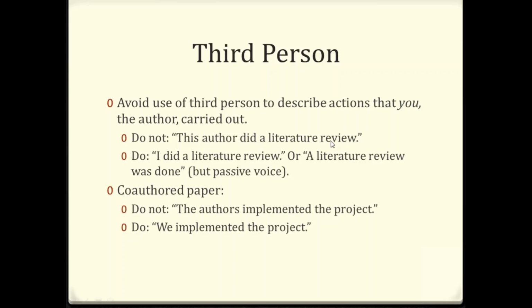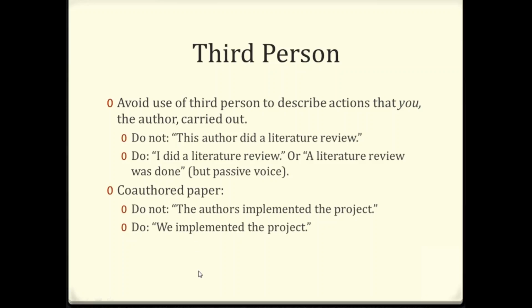If you're talking about yourself having done a literature review, they would prefer I did a literature review, or you could write a literature review was done. Then you could argue that that's passive voice, but in any case, you can use first person if you want to avoid any confusion about who did an action.